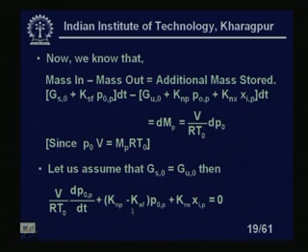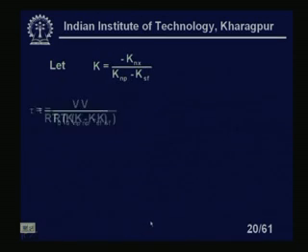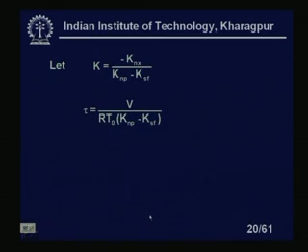Then obviously we can write V by RT0 times the derivative of POP with respect to time, plus (KNP minus KSF) POP plus KNX into XIP equal to 0. Let us introduce a constant K equal to minus KNX upon (KNP minus KSF), and a time constant tau equal to V by RT0 (KNP minus KSF).